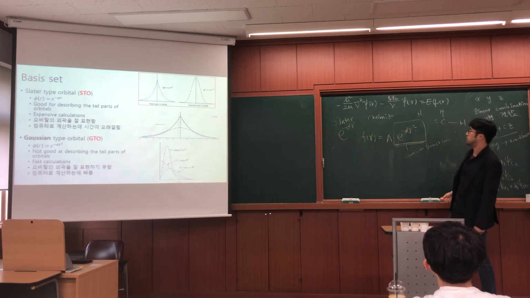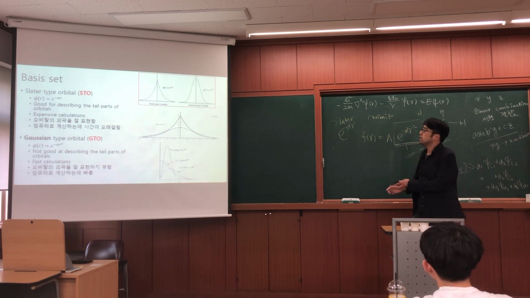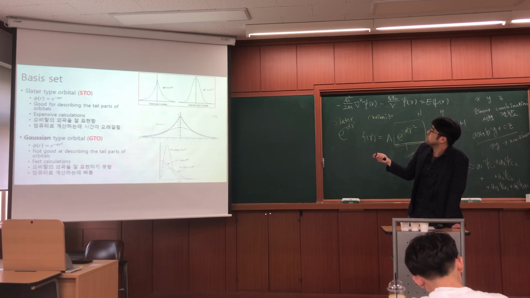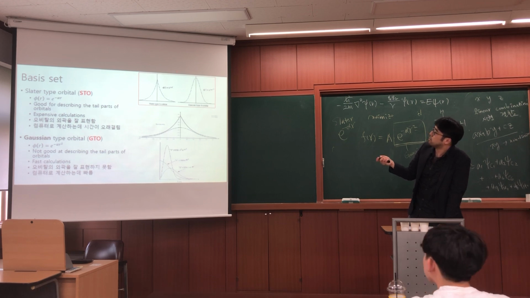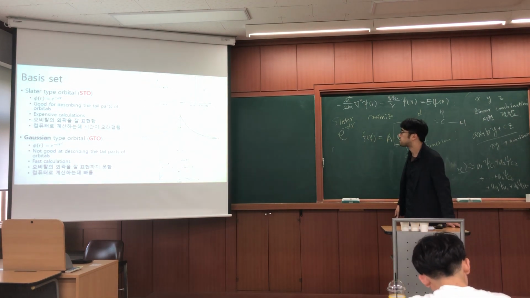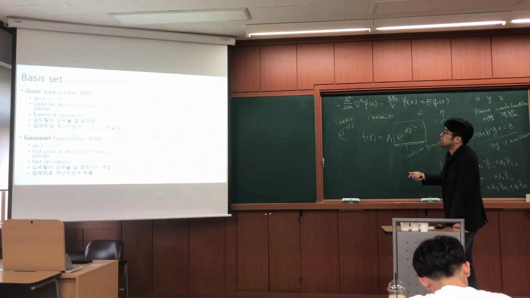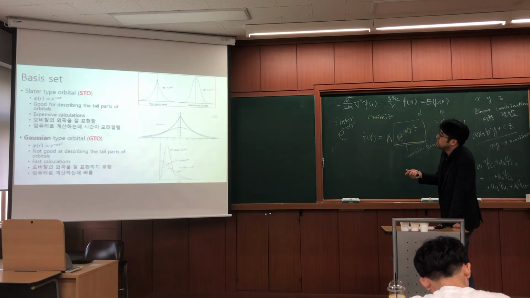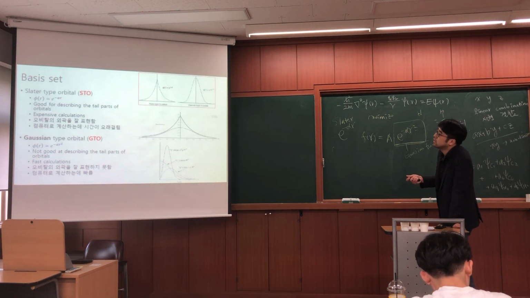So that is the only difference. If you plot the shape of the function, the exponential minus alpha r looks like this, and exponential minus alpha r squared looks like this. They look similar, but slightly different, right? Here the dotted lines are Gaussian functions, and the solid line is a Slater type orbital. So they are similar, but a little different.